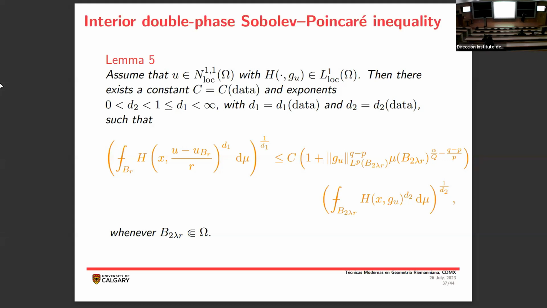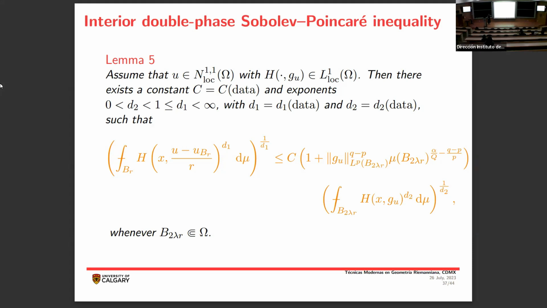That is why we call it double phase, because it's given in terms of a. So the local Sobolev-Poincaré inequality is the following. And this holds for any function in our Newtonian space with its upper gradient locally integrable.